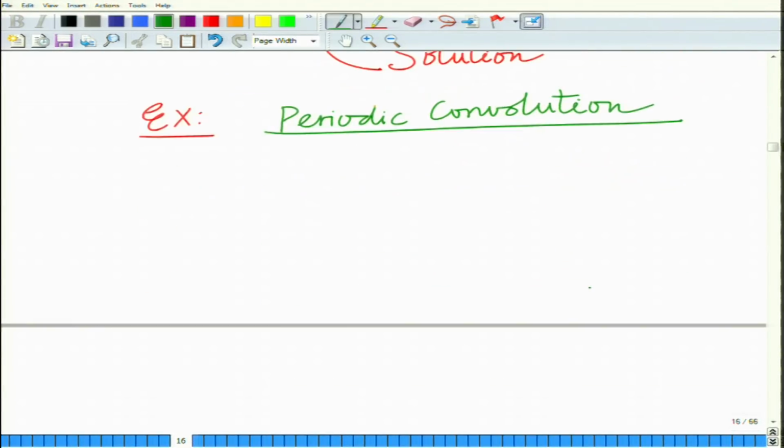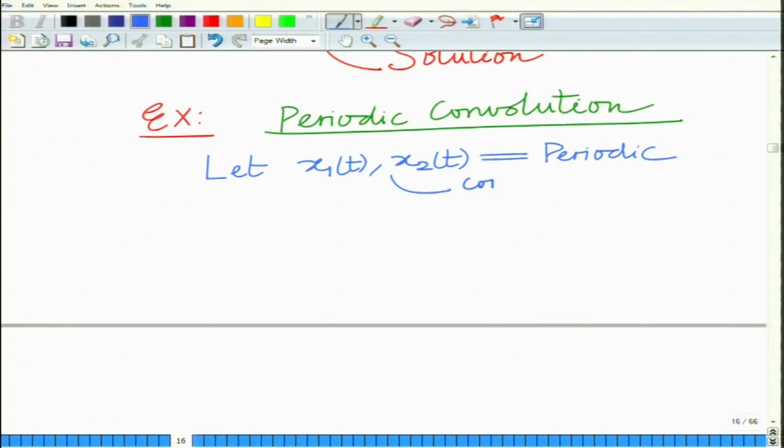Periodic convolution is defined thus: let x1 t, x2 t be two signals which are periodic with a common period capital T naught.